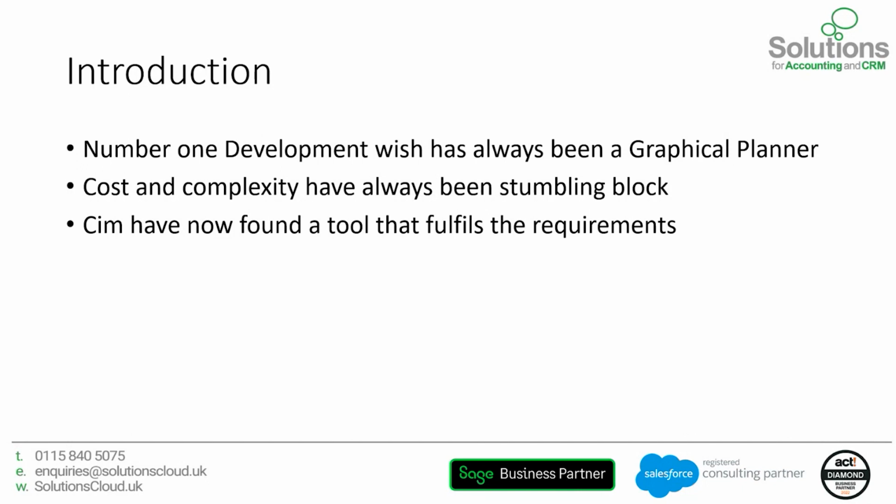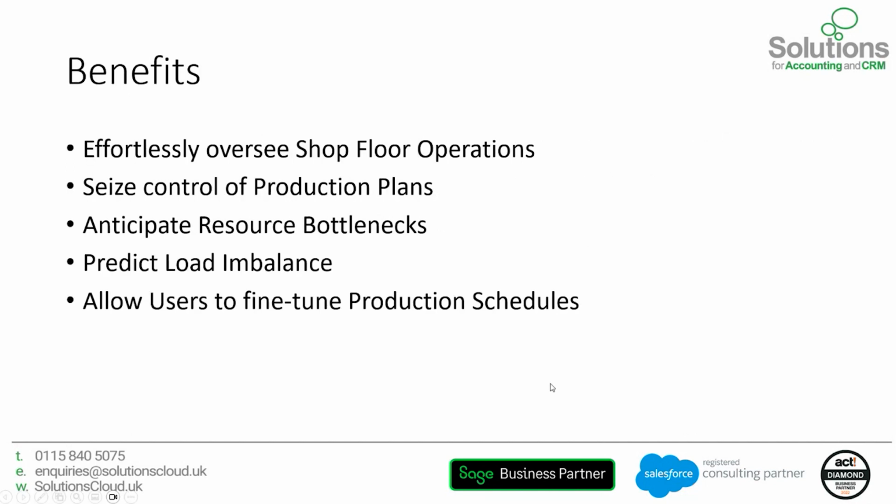So that's what they've been able to add to the latest version of Cim200. As I say, this is a first introduction of the system, so there are changes that are going to come in the future.